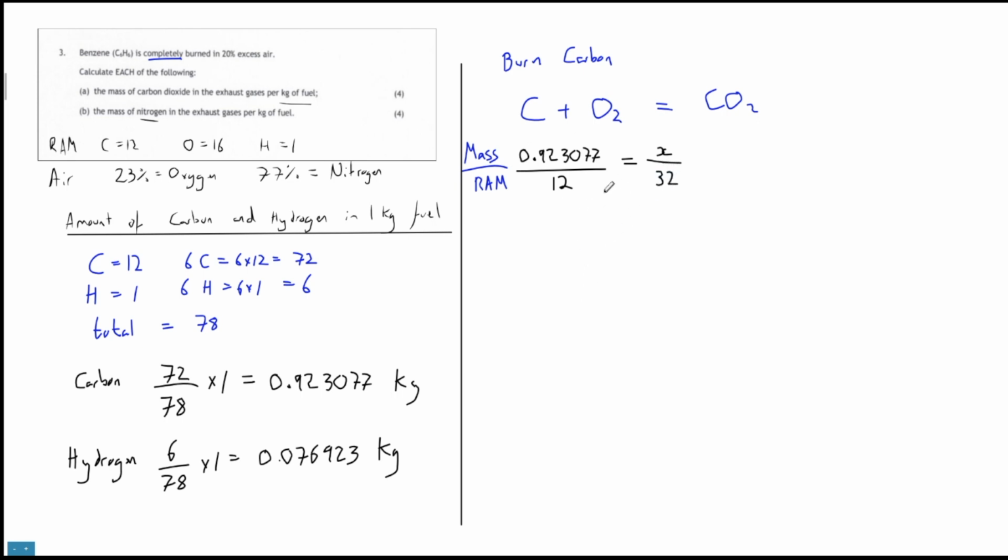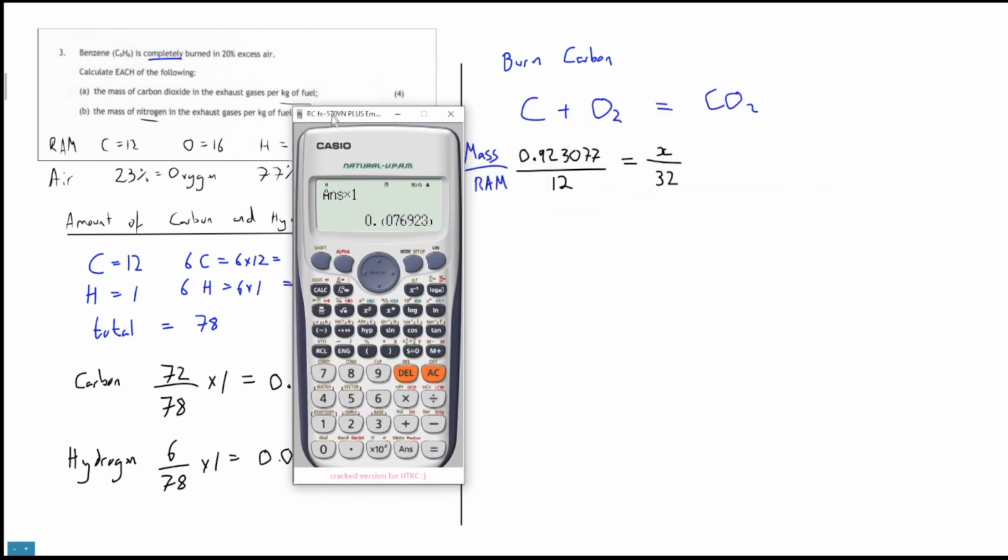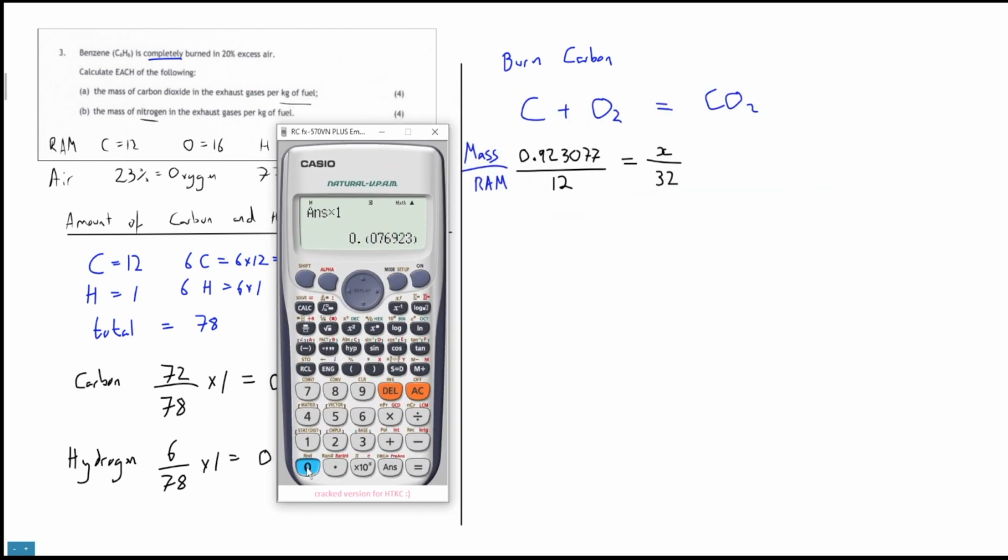Now this is a little calculation that tells us how much oxygen we need. It's really easy. We just flip the 32 to the other side. So I'm not even going to write that down. I'll just calculate it straight up. We're going to be doing 0.923077 divided by 12, and then I'm just going to times it by that 32. And it should give me the amount of oxygen required. So we've got 2.46.